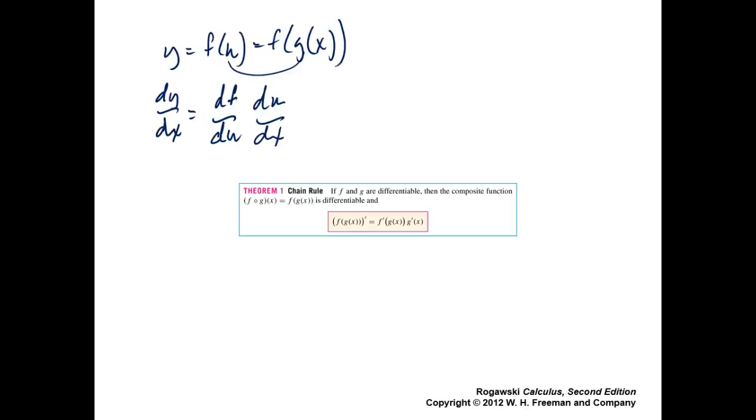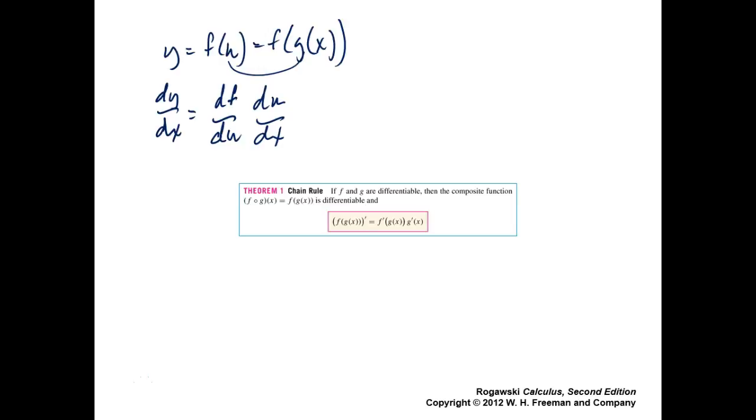Evidently, they don't have this next little blurb. I thought they would, so I will put it in here. Then they changed this to say dy dx, and since y is f, they write this as dy du times du dx.